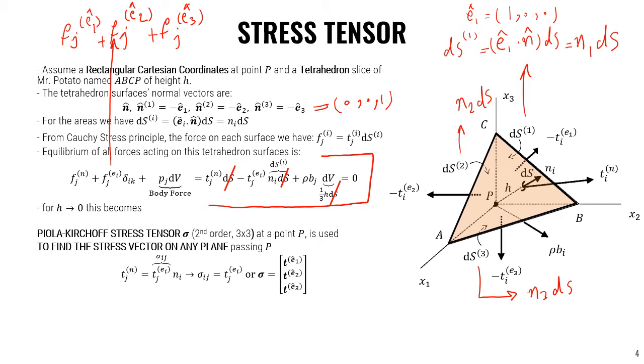It says the jth element of the traction vector on the surface with normal n is equal to the summation of the jth element of traction vector on the side surfaces multiplied by the corresponding element of the normal vector to the base surface.